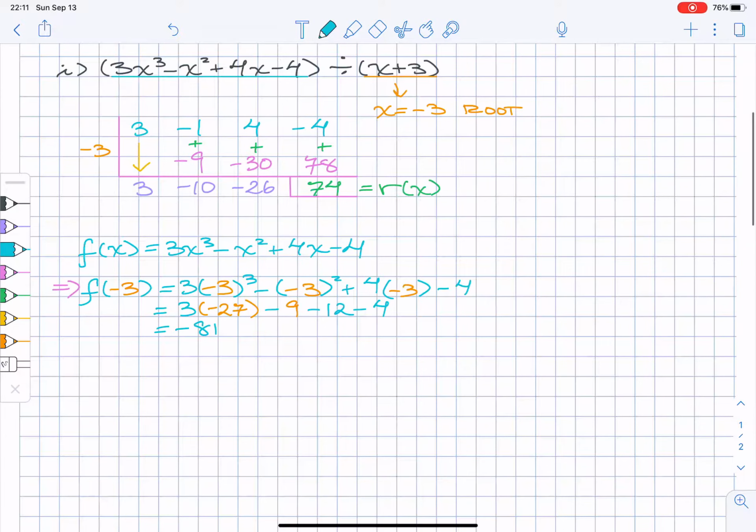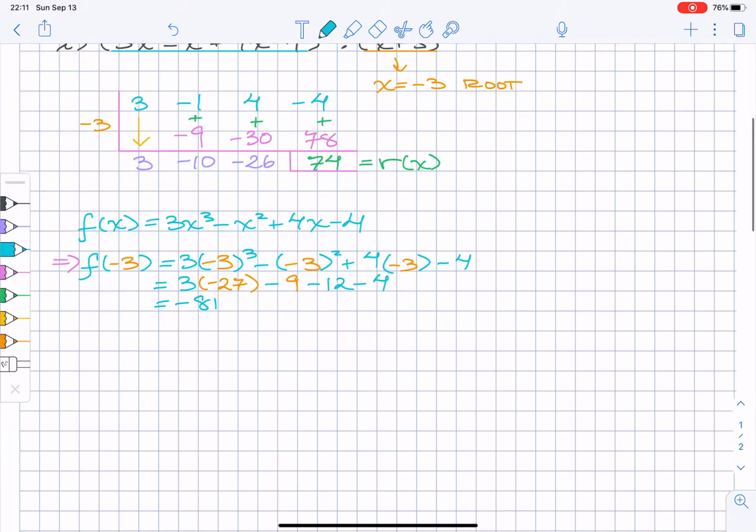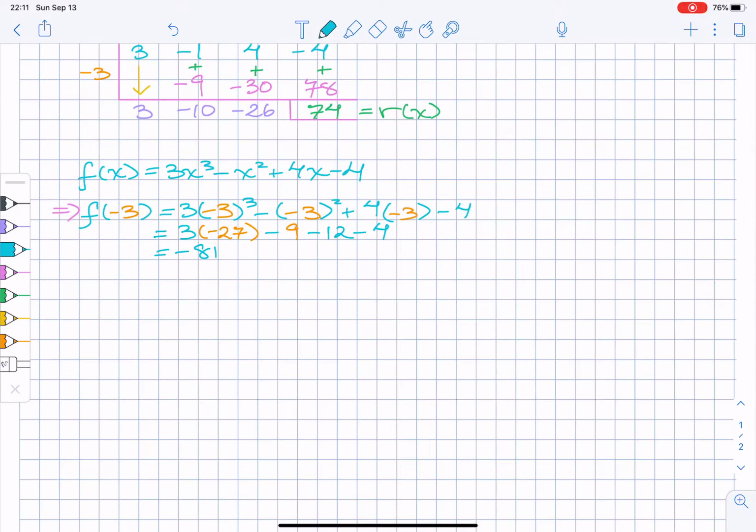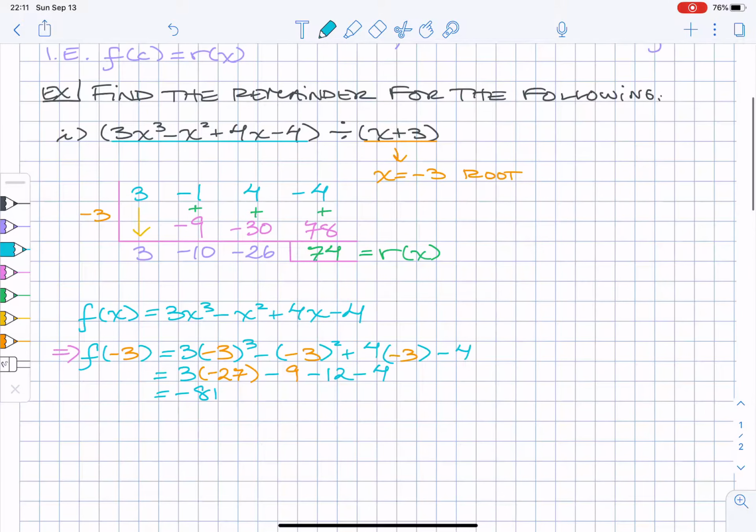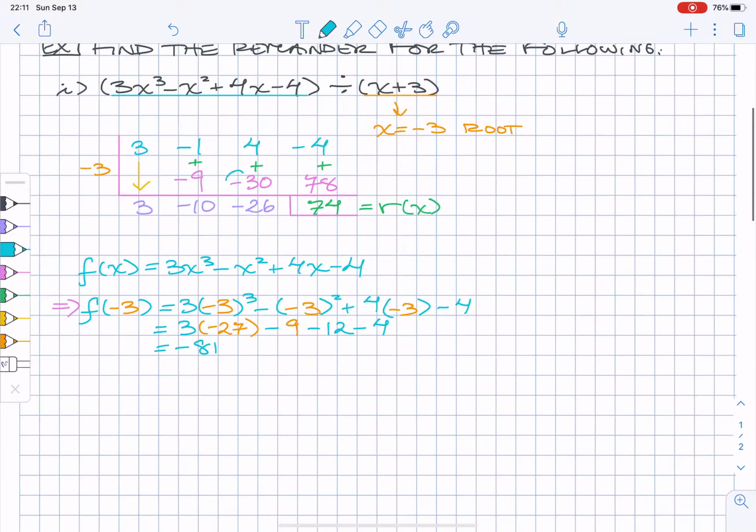What did I do? I did something wrong, didn't I? Well, at least I found it now. So negative 81, and what do we have here? Minus 9, minus 12, minus 4. Drop down the 3, negative 9, negative 10, positive. That's where I went wrong, right here. It's a good thing I checked it.